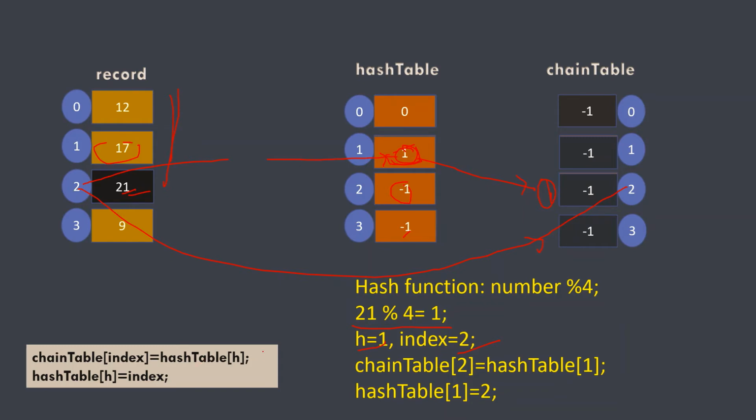This first line of code is doing this, moving this value to the chain table, and this line of code is updating the entry with the index of the new entry. So let's see this line of code in action. Now let's see the second line of code in action. This 2 will be updated here, right?